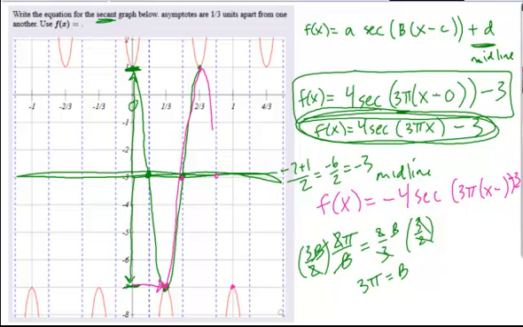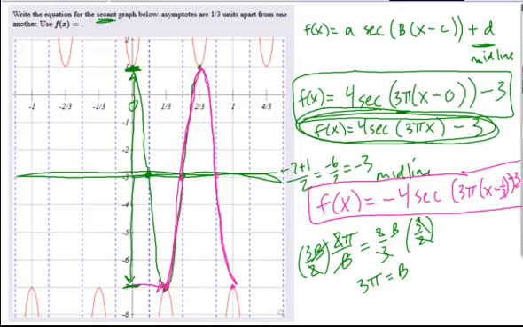So for the cosine that I'm using with a -4 in front of my function, I'd need to shift 1/3 unit to the right, so x minus 1/3. This would be an alternate form for my function, which, if I distribute through, I get f of x is equal to -4 secant of, and if I distribute this through, I get 3 pi x minus, here the 3's cancel, so minus pi, and then the -3 out front.